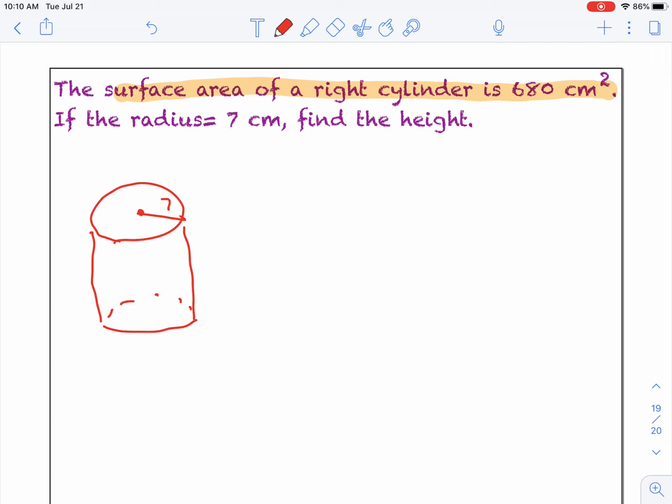And here's your 7 for your radius, and you are trying to find the height. So go ahead and see if you can do that using surface area equals 2 capital B plus perimeter times the height. Fill in what you know and then try to subtract. It does get maybe a little bit trickier with the pi, but you could get a decimal for those as well. And that is the end of section 12.2.